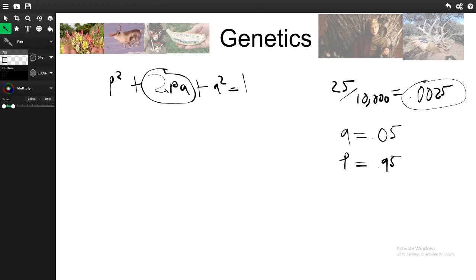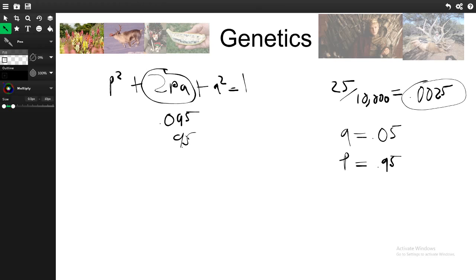So 2 times P times Q, using the allele frequencies, will give us the heterozygote frequency, which comes out to be 0.095.